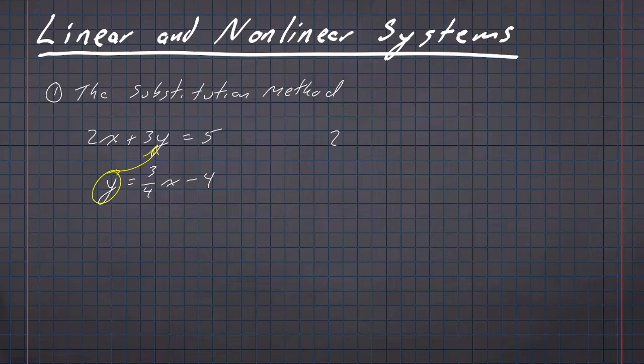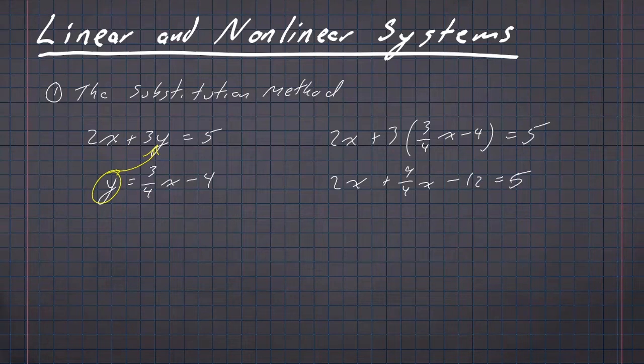So we'll have 2x plus 3 times y, which is 3/4 x minus 4, is equal to 5. Distributing, 2x plus 9/4 x minus 12 is equal to 5. 2x plus 9/4 x equals 17, getting all the variables alone.